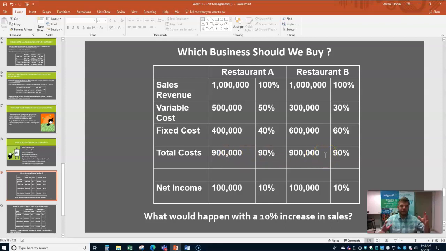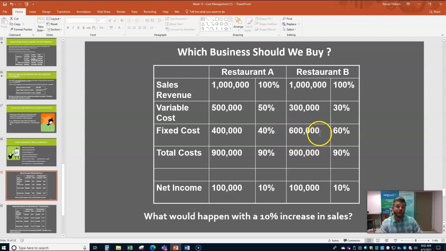So they have a very similar first year. They're making $100,000, they sell $1 million. Now the only big difference is one may have invested into different technologies and different equipment, which gives them a higher fixed cost but lowers their variable, which means that they always have to pay this.